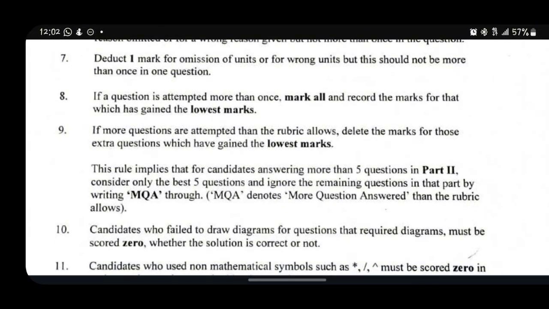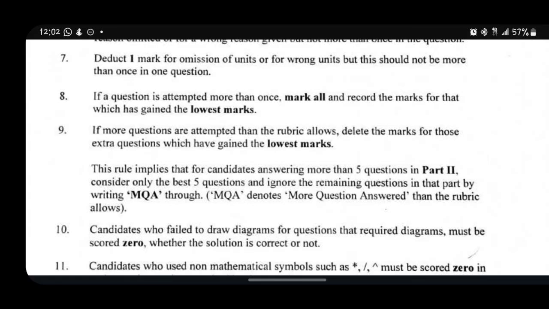Though this concerns the examiner more, if you attempt more than the required, okay, sorry, this is number 9. If more questions are attempted than the rubric allows, delete the marks for those extra questions which have gained the lowest mark.